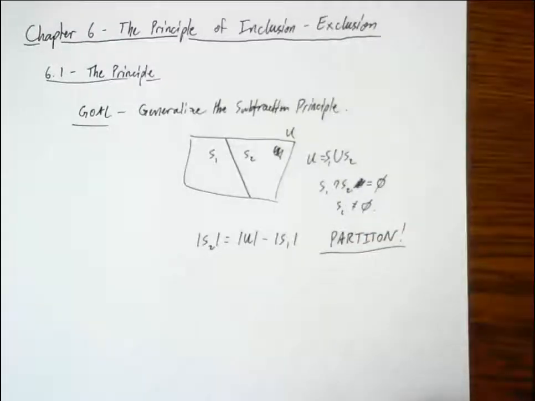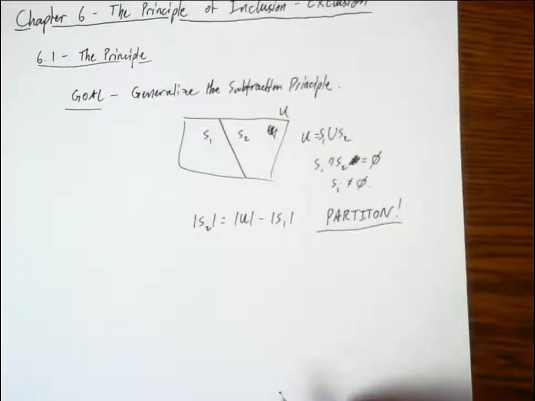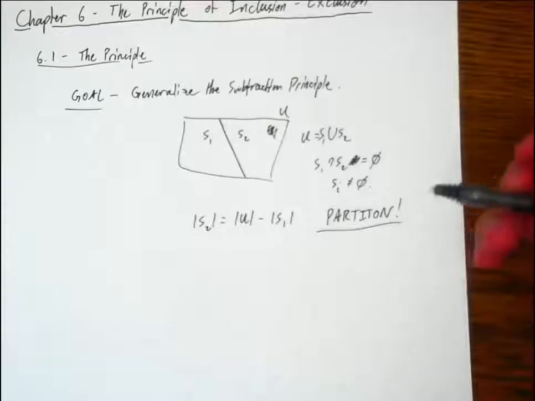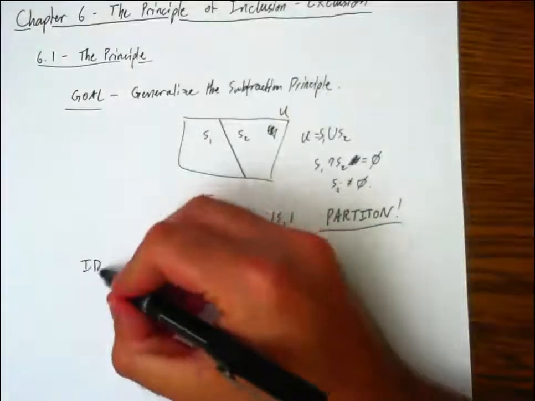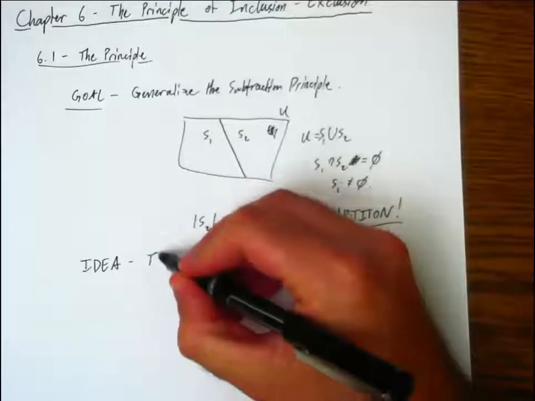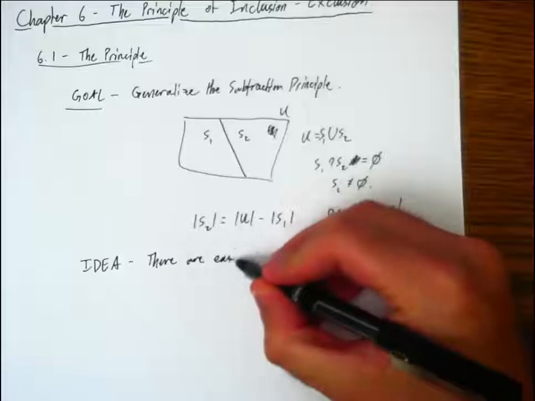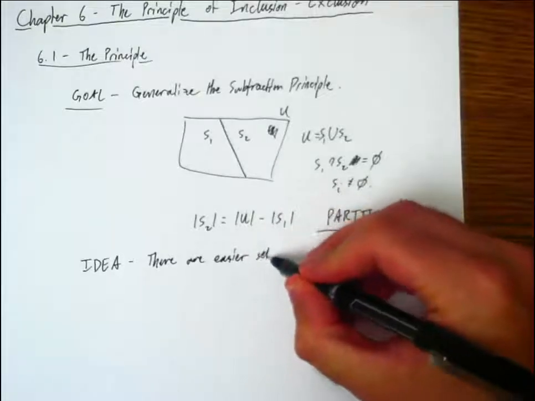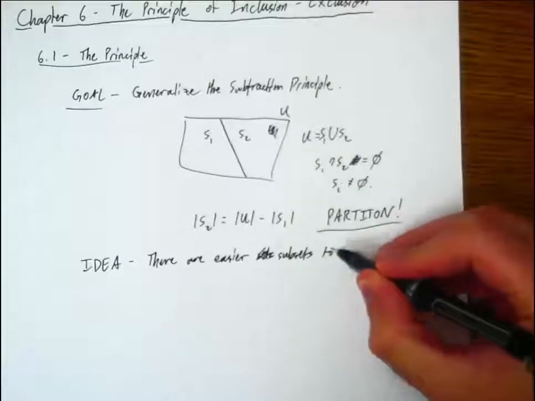Okay, so if we're going to generalize this, the idea behind it is that there are possibly easier chunks, easier sets, and I'll say subsets actually, to count.